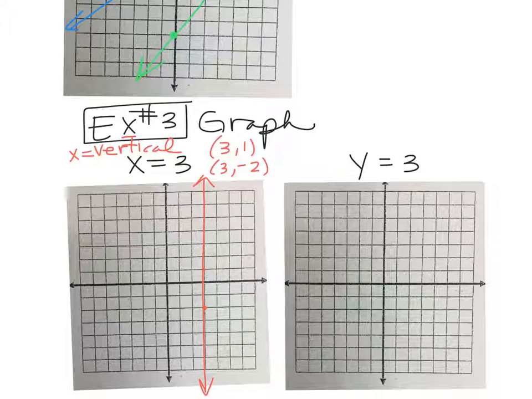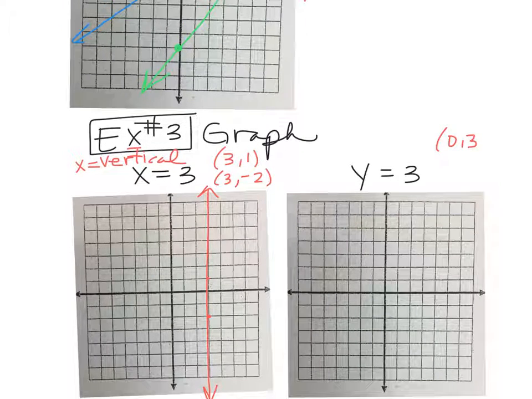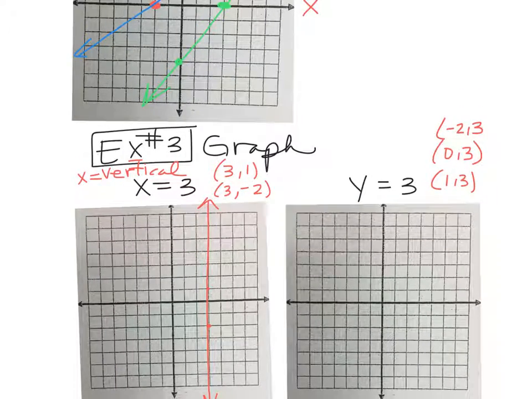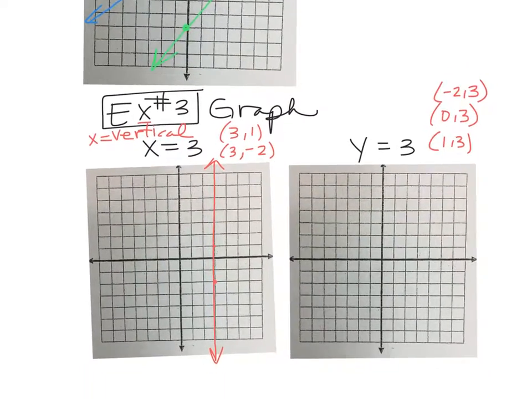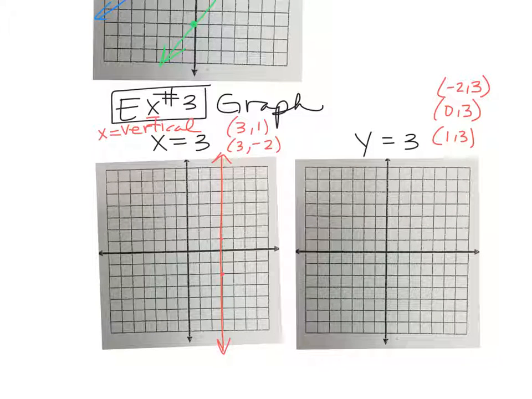Okay, x equals is always vertical. Where y is always 3, if you pick some points that have a y value of 3, so 0, 3, 1, 3, or -2, 3, right? My y value there, sorry, it keeps jumping around on me. My y value is always 3.